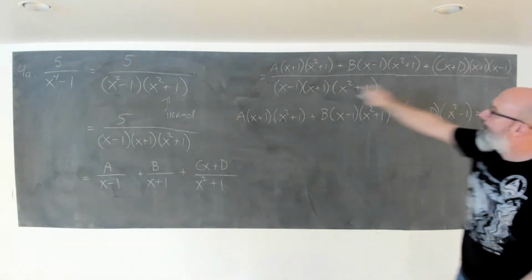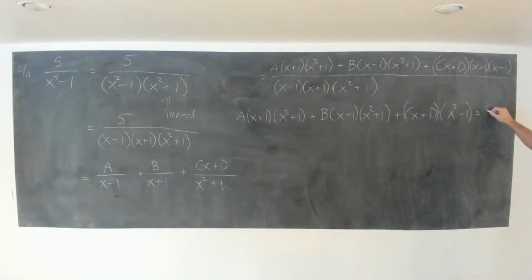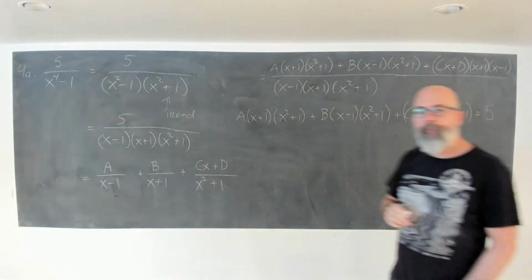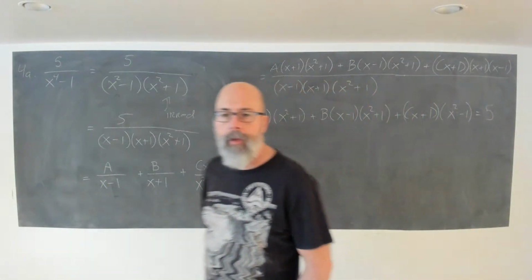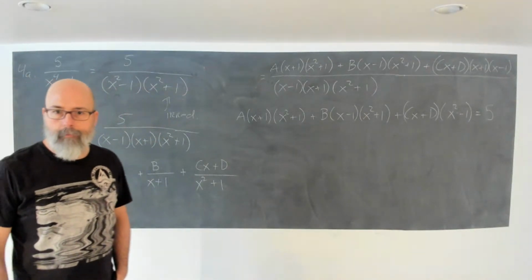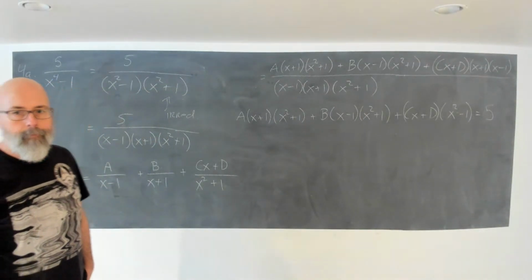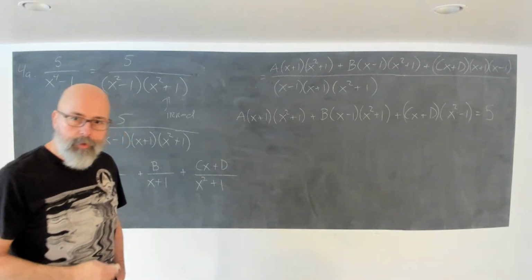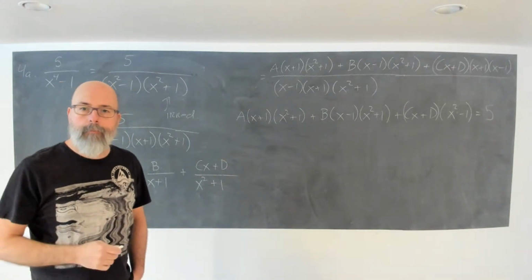So the numerator here is equal to the numerator there, which was 5. So power 2 is never going to be in the numerator. That's right. So only polynomials of degree 1 or 0.